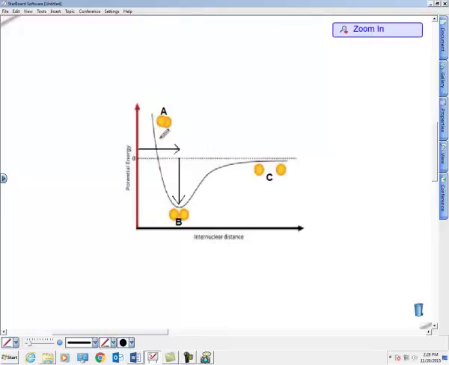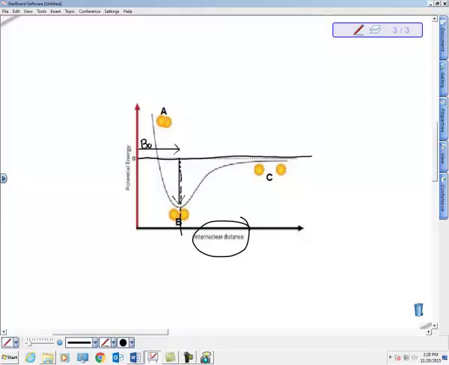Alright, this diagram is meant to represent bond strength and bond length. So this axis right here, if you were to come straight down this way, that would actually indicate how far apart the molecules are. So I want you to label this arrow coming out to this mark right here.